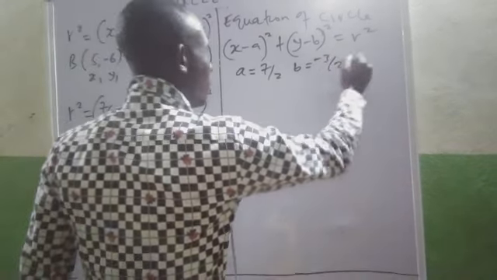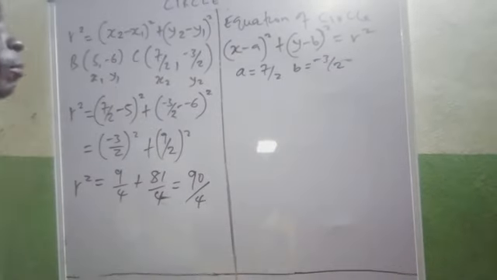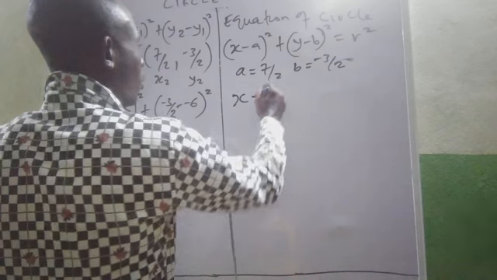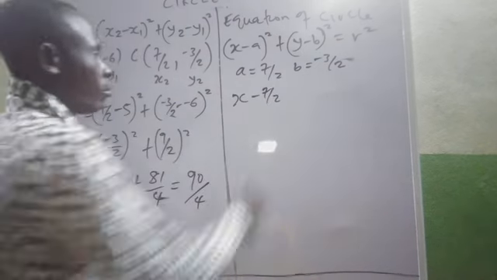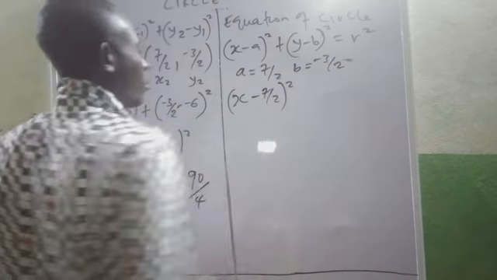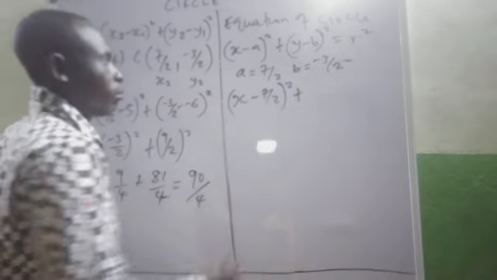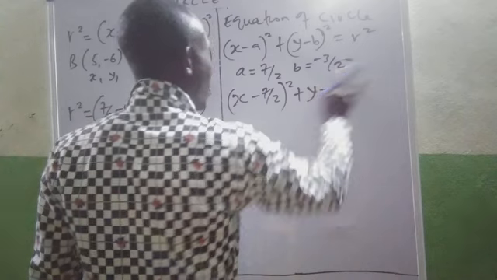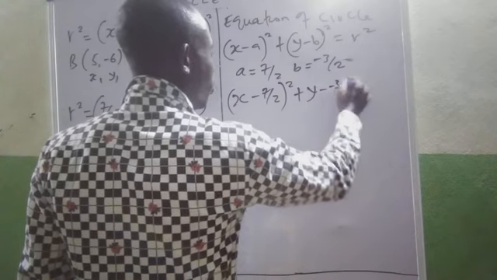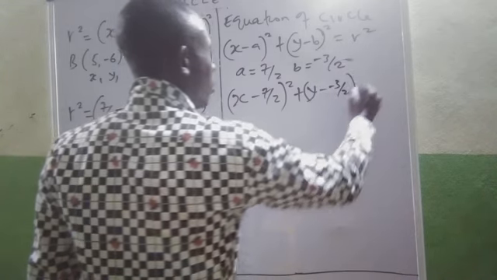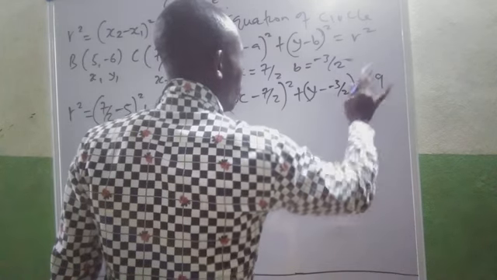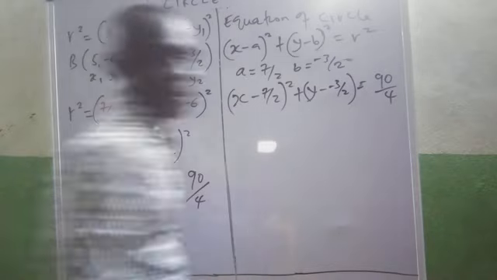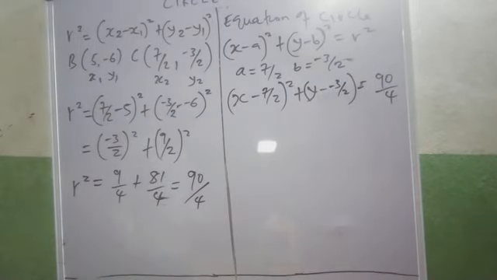So if we do that, we have x minus 7 over 2 all squared plus y minus, now, minus 3 over 2, all squared, equals 90 over 4.